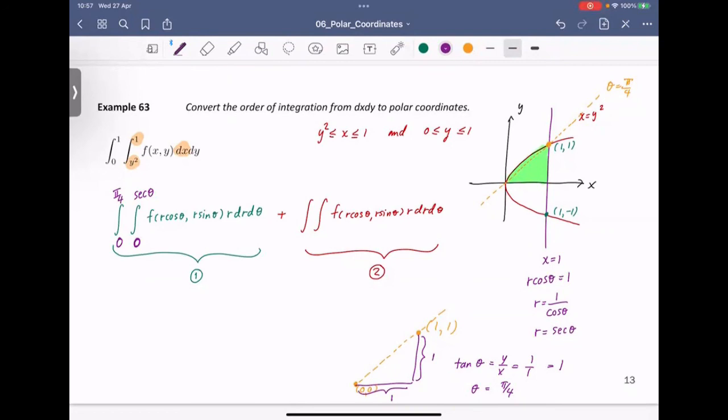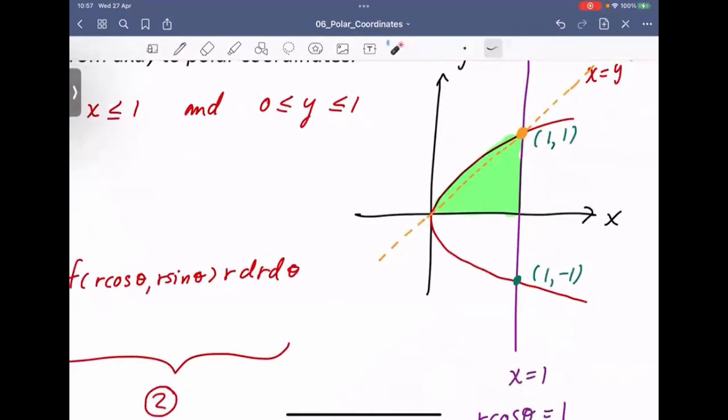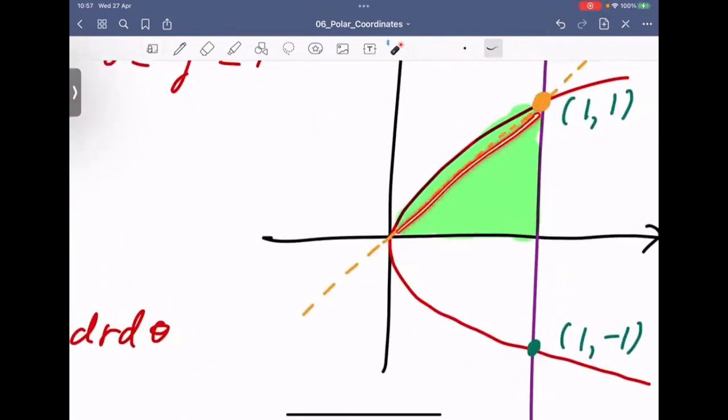Okay, the first piece is clear. For the second one, you keep going: it's going to be pi over 4 to pi over 2. Make sense? Pi over 4 starts here, and you keep going. It's going to be very small, but you keep going until you get to pi over 2, and then you stop.